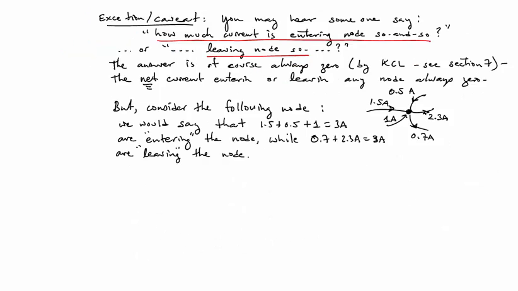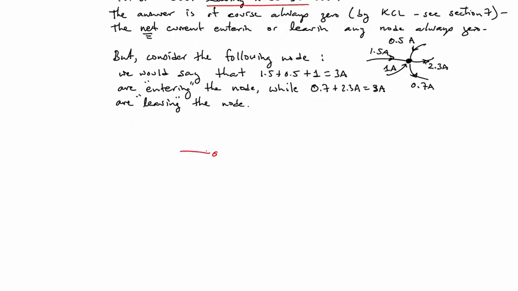Okay, but if we just had something like this, where I had 1 amp, 1 amp, and minus 1 amp, the arrows are all pointing in, but clearly there are 2 paths that bring charge to that node, the upper 2.